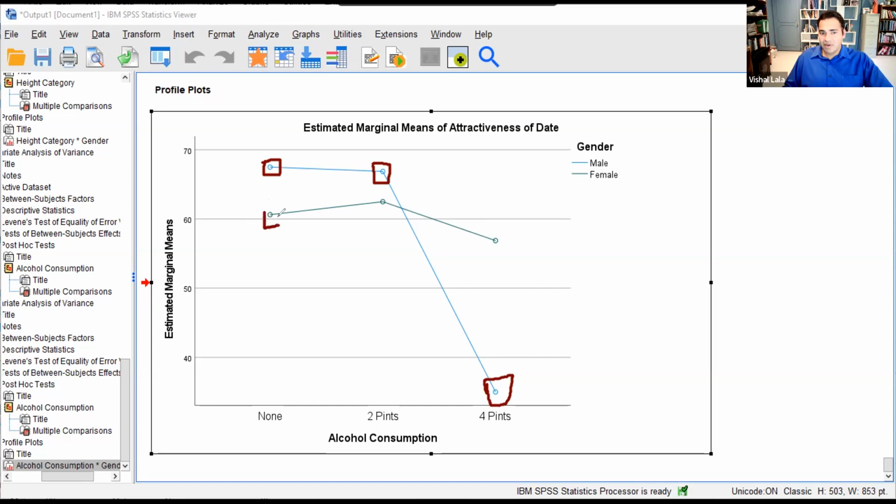When they go from no beer to 2 pints of beer, there's actually an increase in the attractiveness of their date. Interestingly, at 4 pints of beer, there's a drop, but not much of a drop. Look at males, look at females. For males, there's a huge drop. Females, not so much.